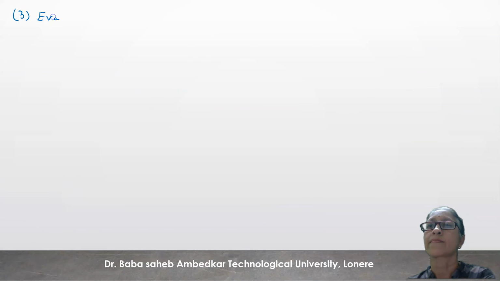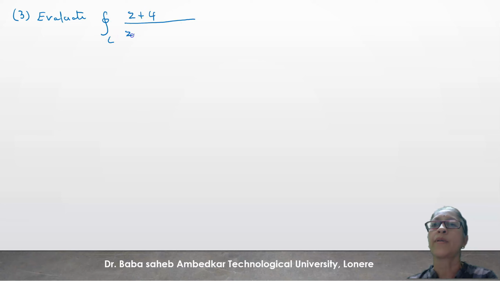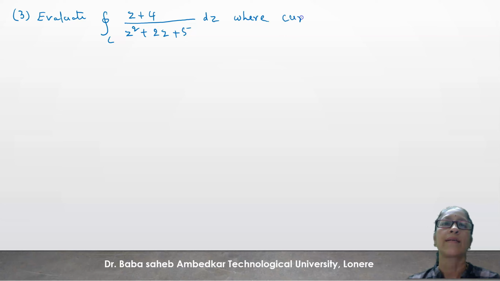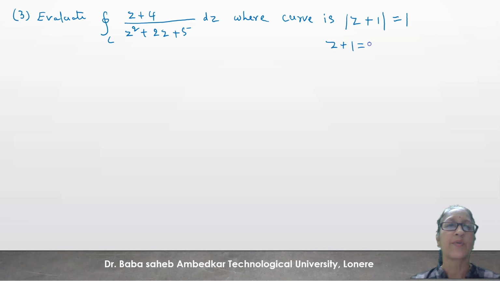Evaluate contour integral of z plus 4 upon z square plus 2z plus 5 dz, where the curve is mod z plus 1 equal to 1. So using this mod z plus 1 equal to 1, we can find the center and radius of the circle. Here equate z plus 1 to 0.